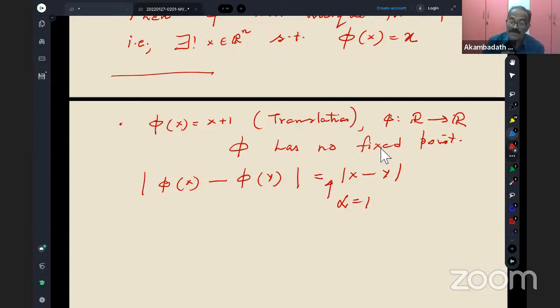Just proving modulus of phi x minus phi y less than modulus of x minus y is not enough. You have to have less than or equal to alpha into mod x minus y with alpha strictly less than 1. So you need that kind of uniformity and strict less than 1. It's important to have that.